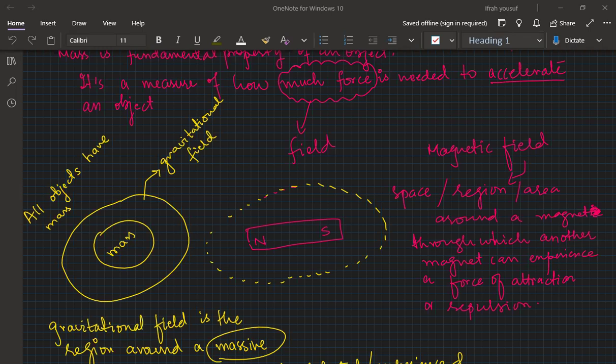Actually, the gravitational field is because of the gravitons, just like protons, electrons, mesons.